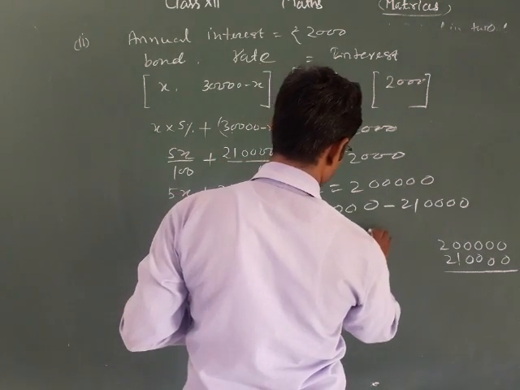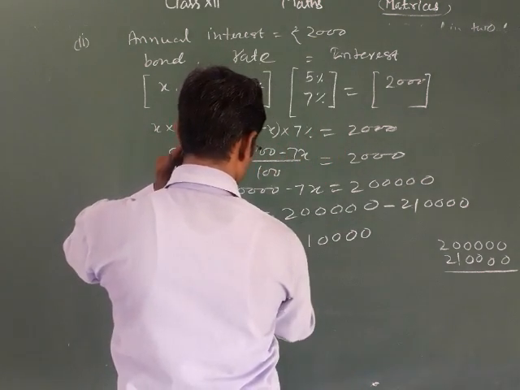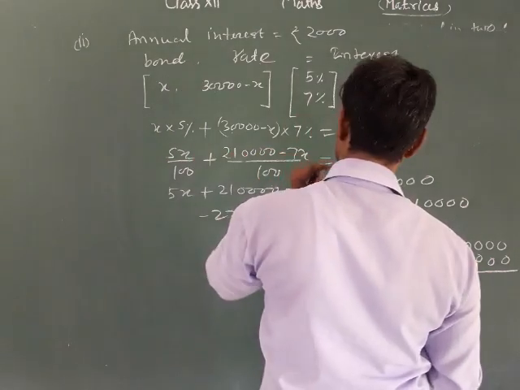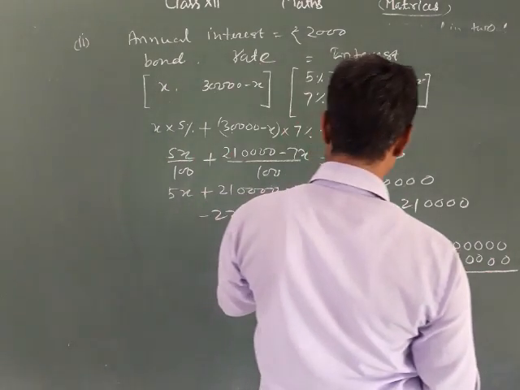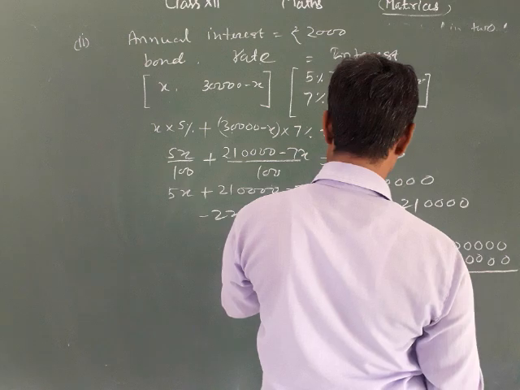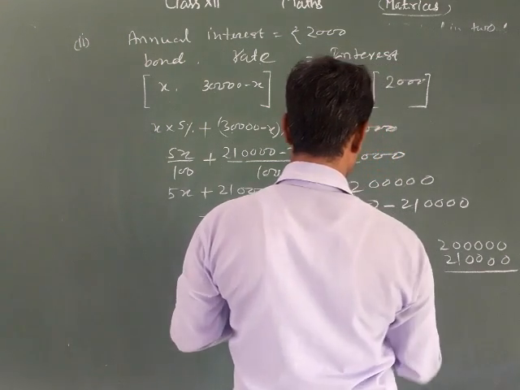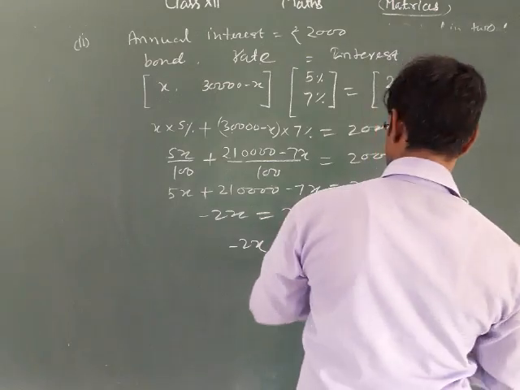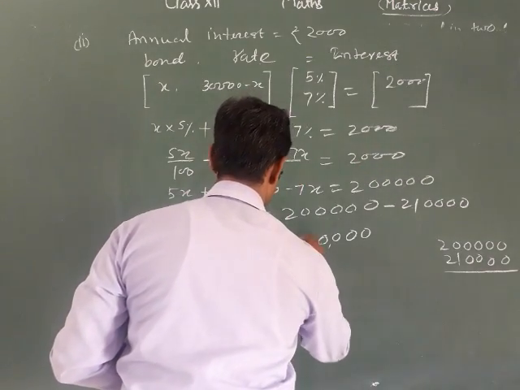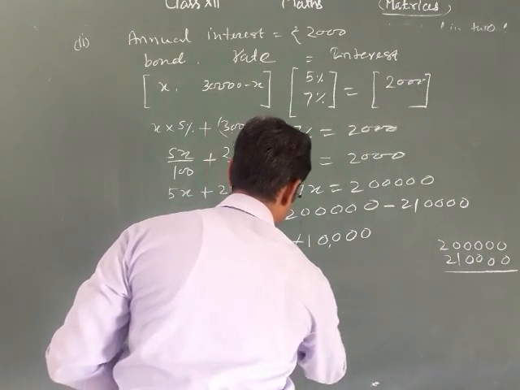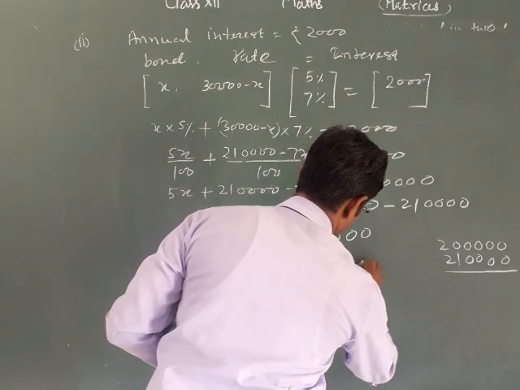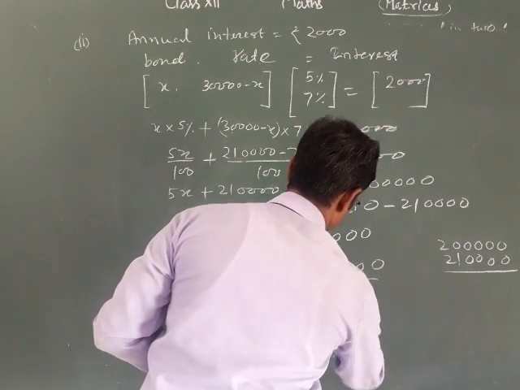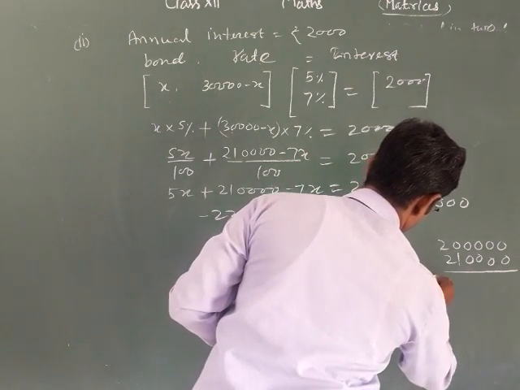So minus 2x is equal to minus 10,000. The minus cancels out, therefore x is equal to 10,000 divided by 2, so 5,000.